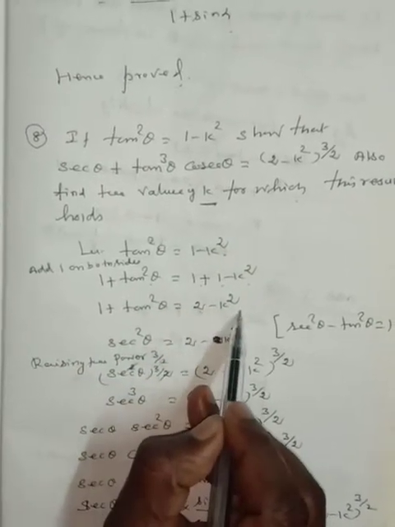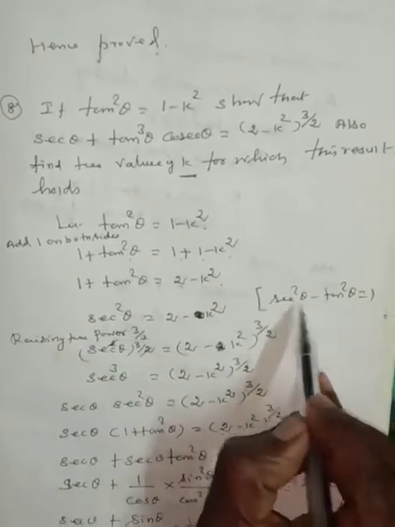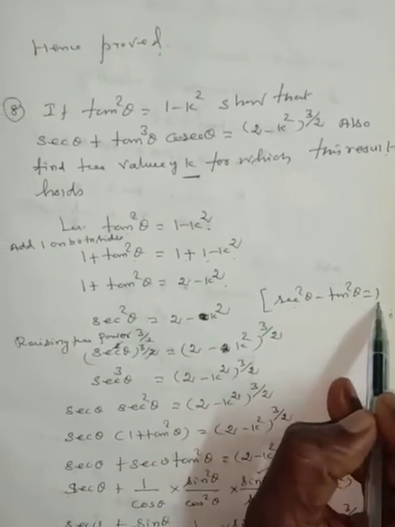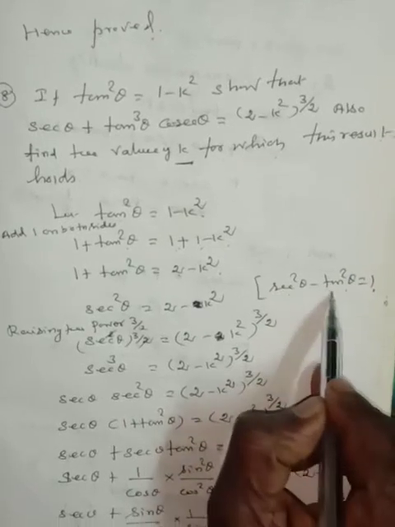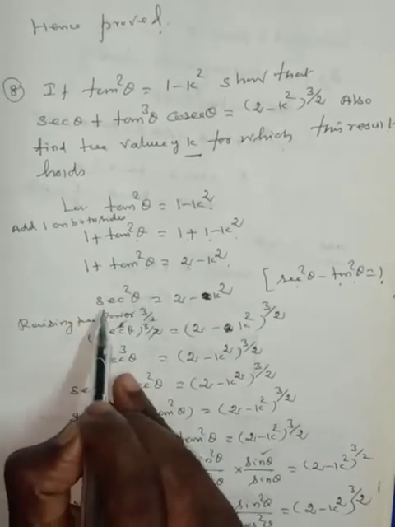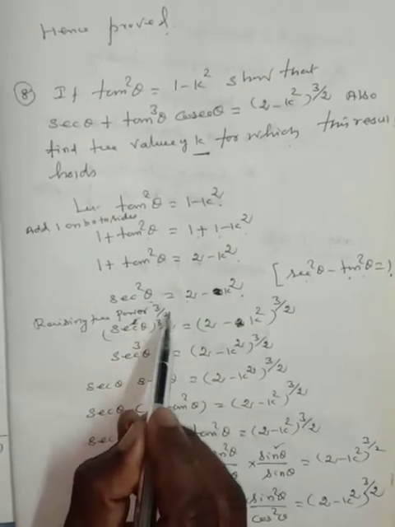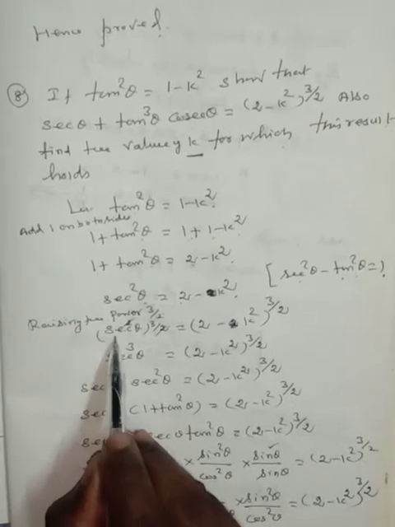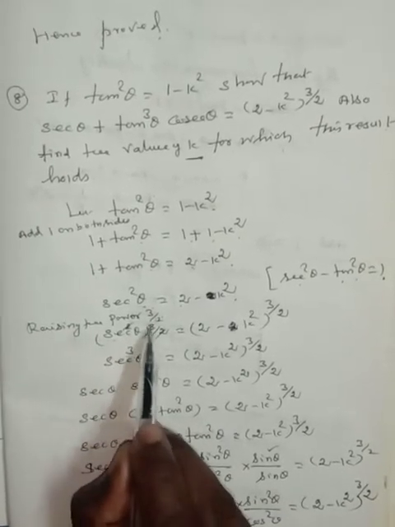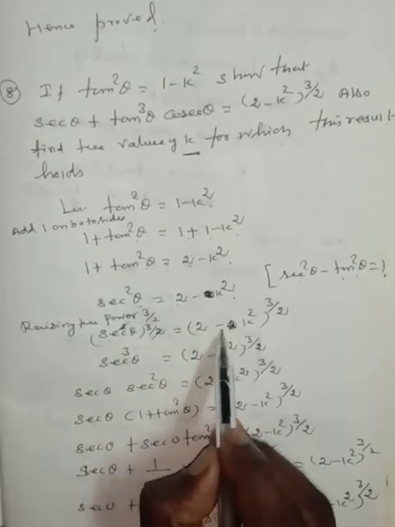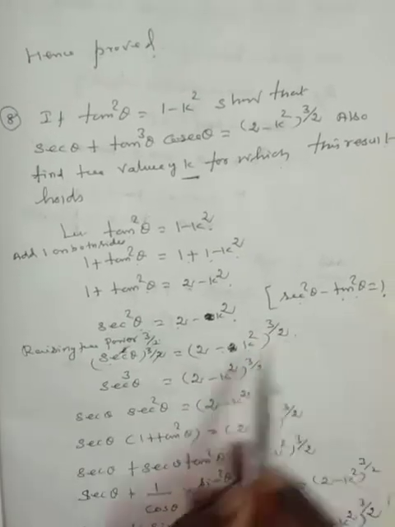2 minus k square. We know that secant square theta minus tan square theta is equal to 1, a trigonometric identity. Using this, 1 plus tan square theta is equal to secant square theta, which is equal to 2 minus k square. Raising the power 3 by 2 on both sides, we have secant square theta whole to the power of 3 by 2 is equal to 2 minus k square whole to the power of 3 by 2.